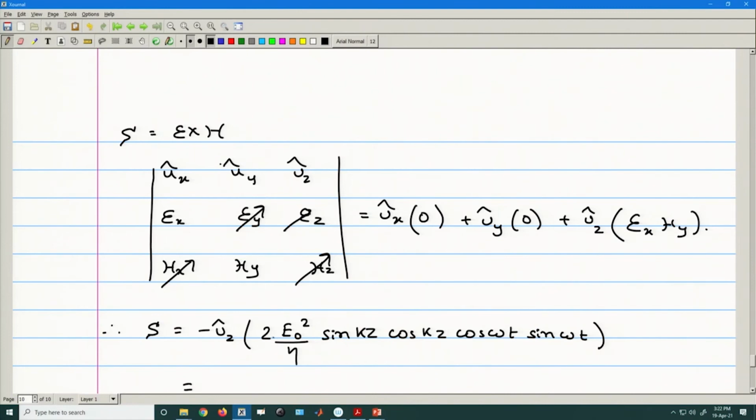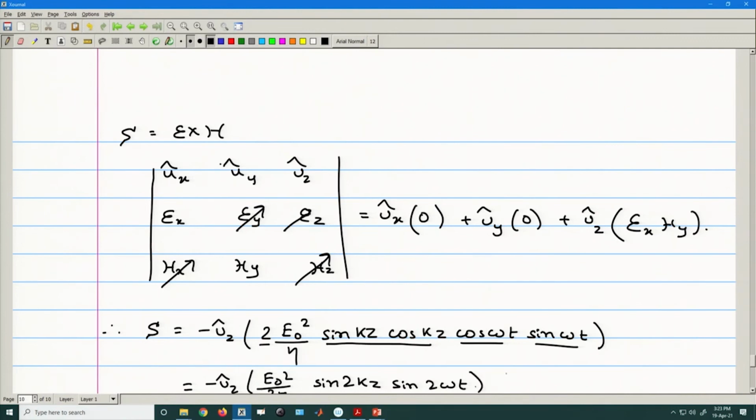So, in this 2 we can write sin kz cos kz, and this 2 we can write it as sin 2 kz. This one and this one we can write it as sin of 2 kz, and again taking 1 by 2 we can write this as sin of 2 omega t, and that comes out as E naught square by 2 eta.